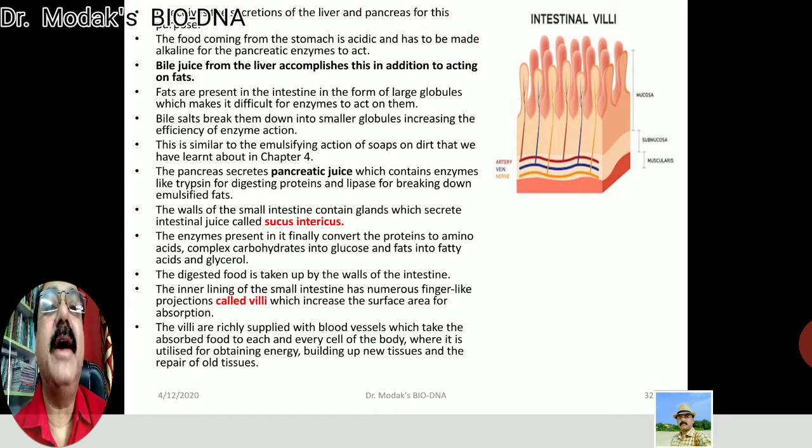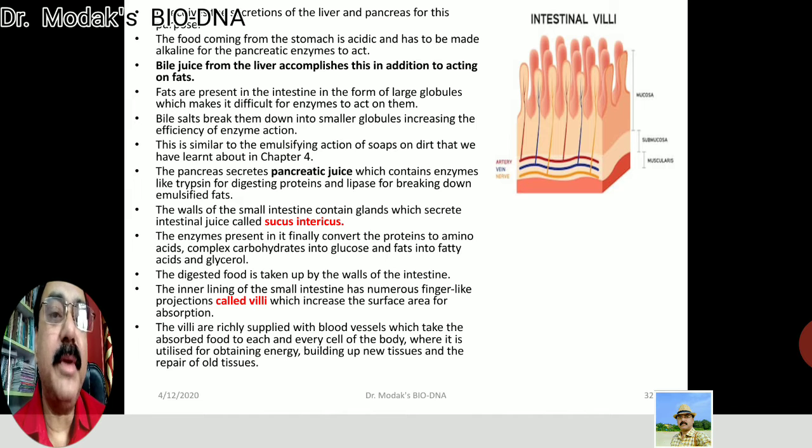Now here I would like to also share with you how digestion takes place. The food is coming from the stomach acidic, and it has to be made alkaline for the pancreatic enzymes to act. Now, in pancreatic juices there are amylases, but they are called pancreatic amylases. Then there are proteases that digest the proteins. Then there are lipases.